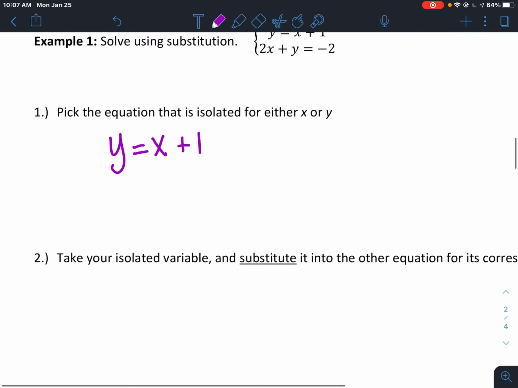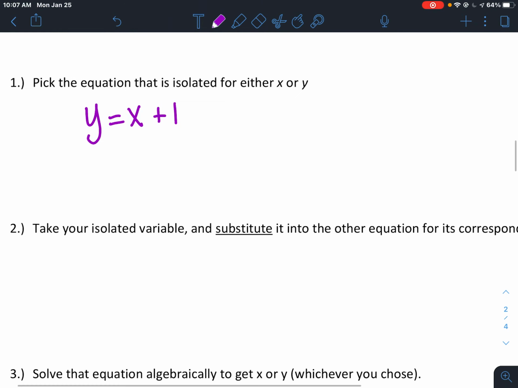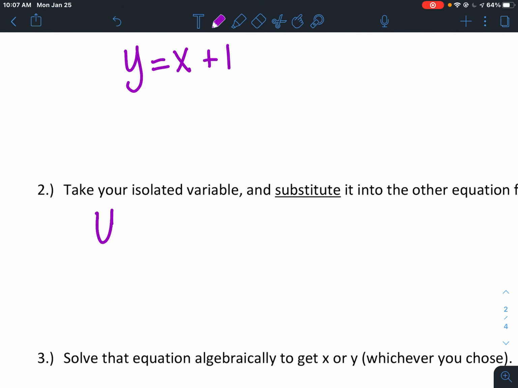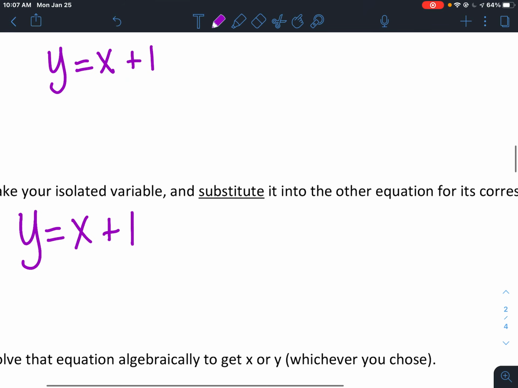Step number 2, take your isolated variable and substitute it into the other equation for its corresponding value. So let's do that real quick. We have y equals x plus 1. We're going to substitute it into the other equation, which is 2x plus y equals -2.